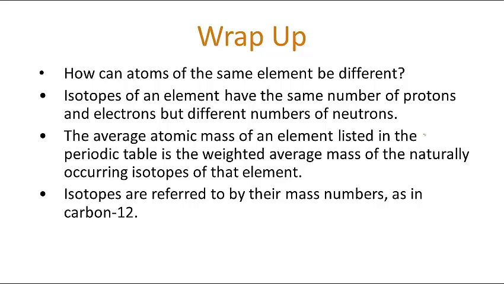These are the radioactive isotopes that we'll talk about in the next lesson. These are things that don't last very long. And isotopes are referred to by their mass numbers, such as carbon-12. That differentiates between, for example, carbon-12 and carbon-14, which is used for radioactive dating to determine how old substances are.